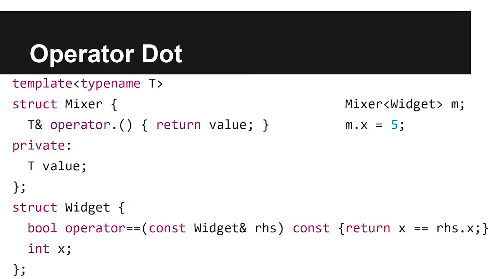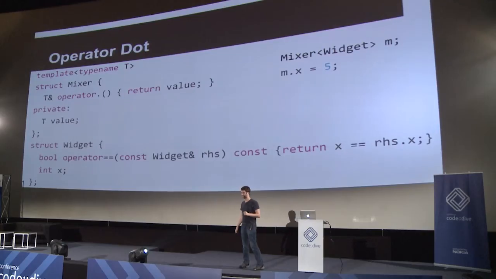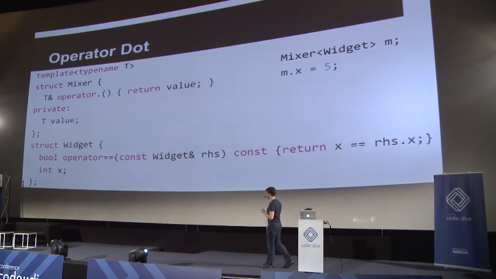When I try and access the data member x there, it says, does mixer have a method or a member called x? If yes, use that. If not, call operator dot and try using the method or member on that instead. And it recursively does that until it can no longer, call operator dot and give you a compiler error. So this mixer right here behaves exactly the same way as a widget. That is the power that C++20 gives us.